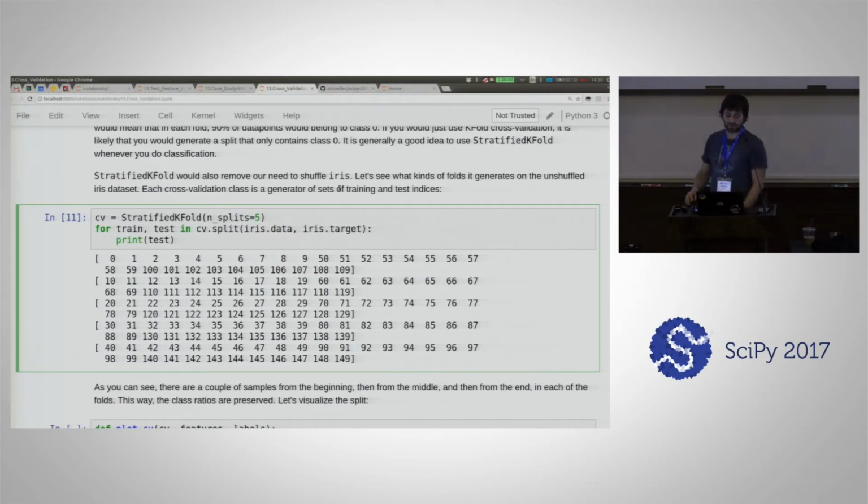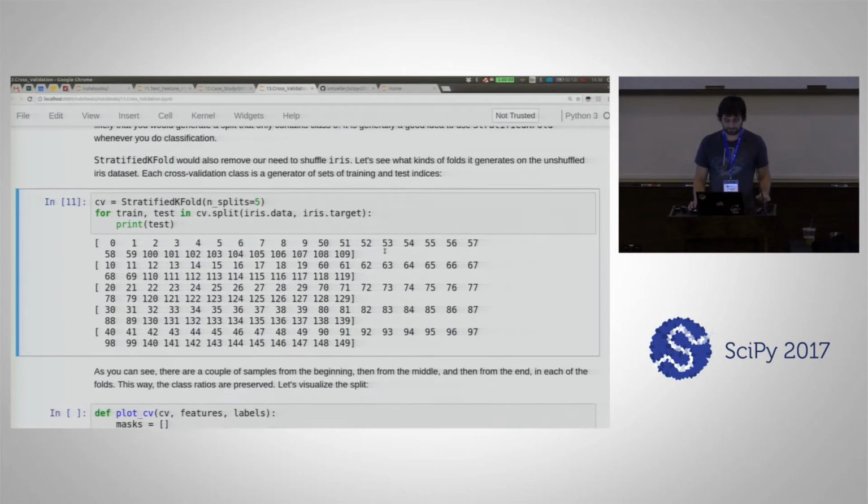So here, for example, this is StratifiedKFold with 5 splits on the iris data set. It's maybe a little bit hard to read, but the indices for the test set in the first fold are the first 10 samples, then the samples from 50 to 60, then the samples from 100 to 110.